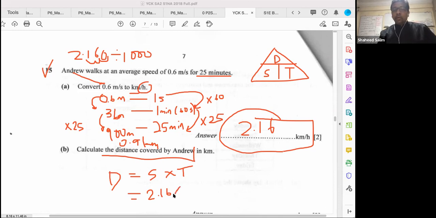See, this one is in hour. You just write the fraction, 25 minutes over 60 minutes. If you put like that, you must understand this time is 25 over 60 in hour. This one is the speed down here. You times this, you will get 0.9 km. You try. You will surely get 0.9 km. Because the formula works, you see.